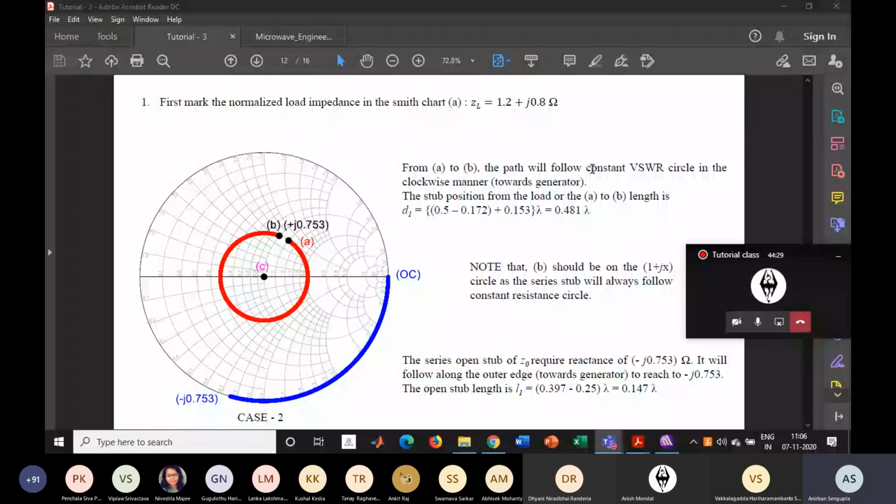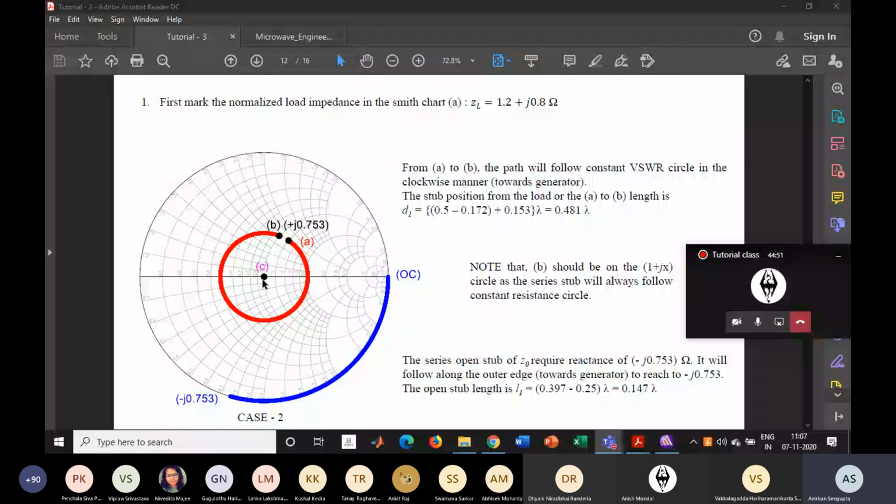From A to B, you have to go from this point to this point in a clockwise manner. So you connect the lines from the center and extend them to the edge of this circle for both cases. Take the values of the outer edge and you will find the length.